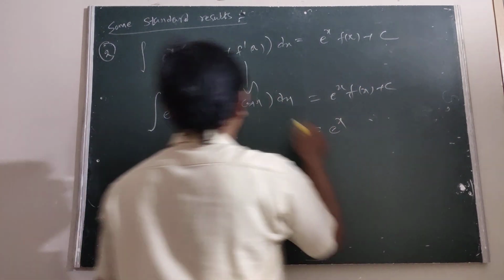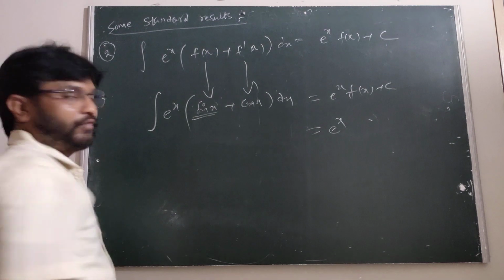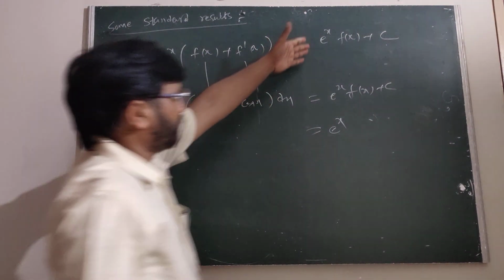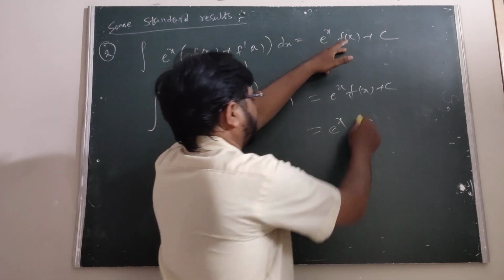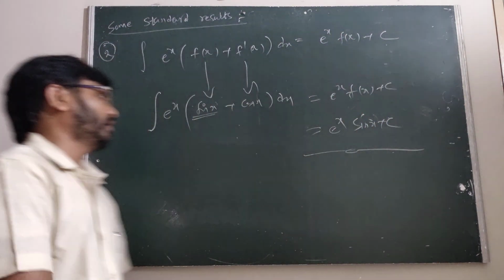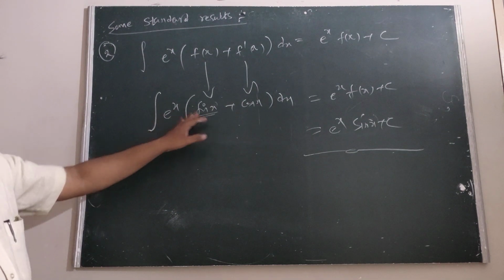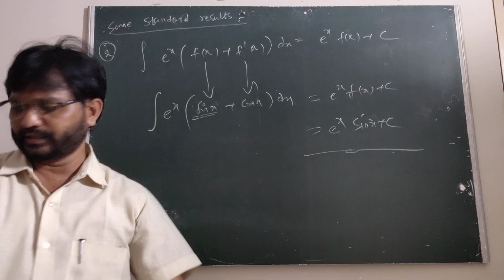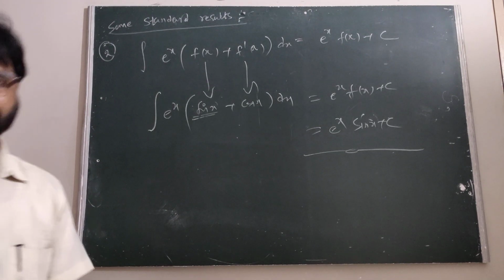Here f of x is sin x, and the derivative of sin x is cos x. So the form is e power x into sin x plus c. Therefore the integral of e power x into sin x plus cos x is e power x into sin x plus c. Is it clear?